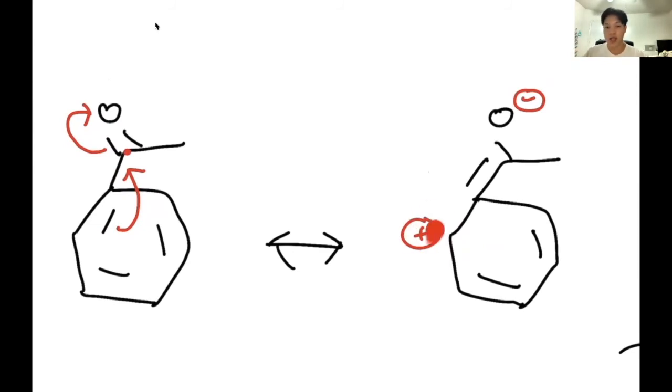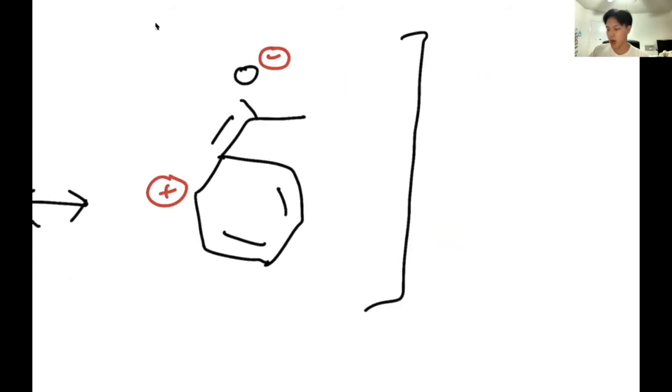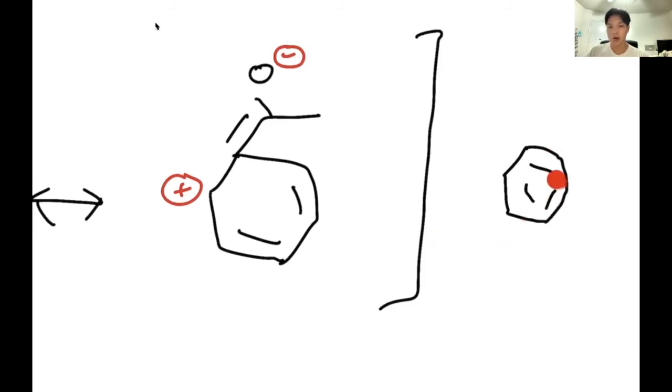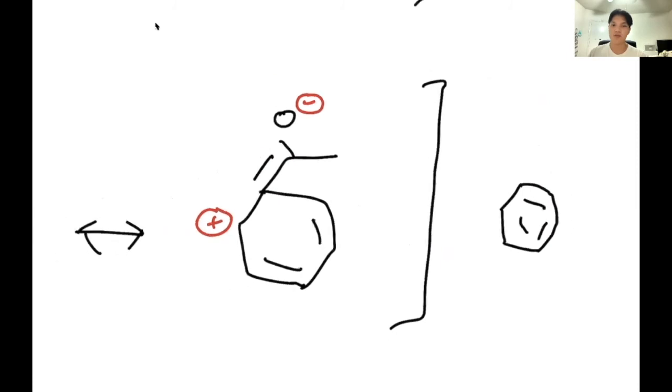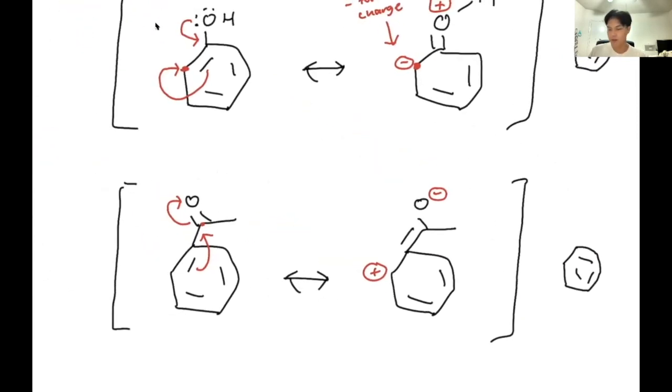So that means it's going to deactivate this ring, making it less nucleophilic, which means it's going to be slower than if we compared it to a regular benzene, right? See how this is neutral, but now this is a positive, which means it's deactivated. It's not nucleophilic anymore compared to a full negative, right?